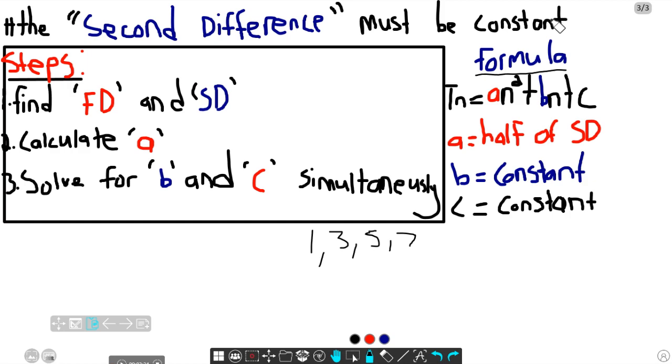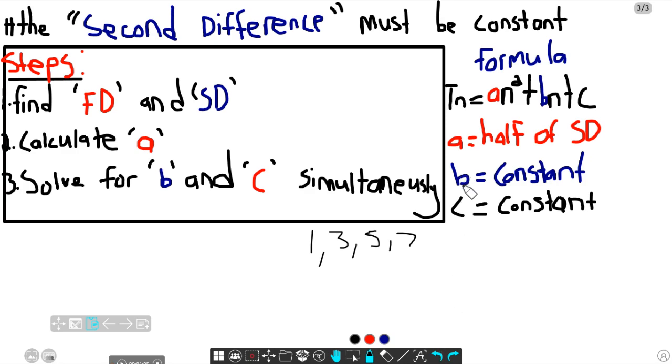That is going to be what? A linear number pattern. So if you find, let's say, your second difference is 4, then your a is half of the second difference, which is going to be 2. Sometimes you can use this formula: a is equals to second difference divided by 2. Then you're gonna find your final answer.